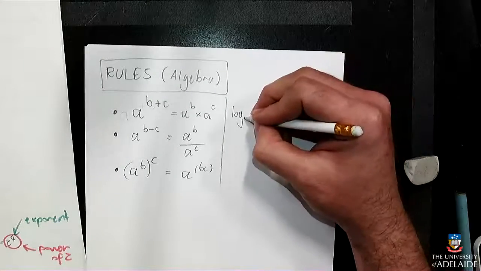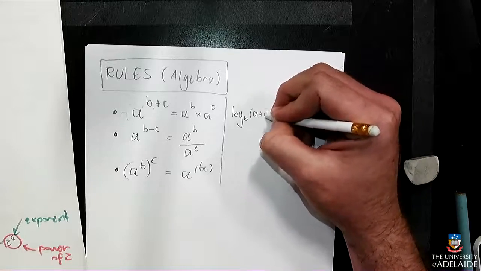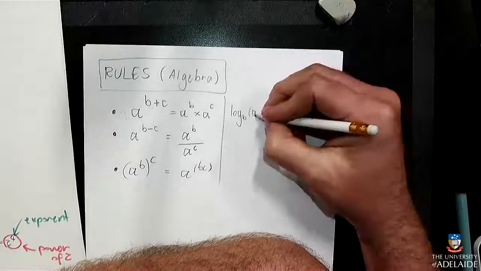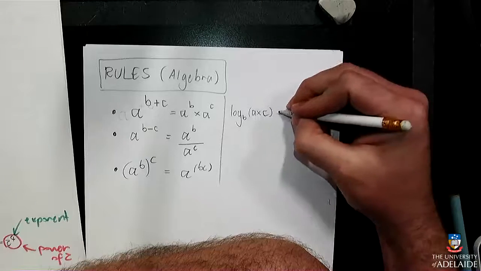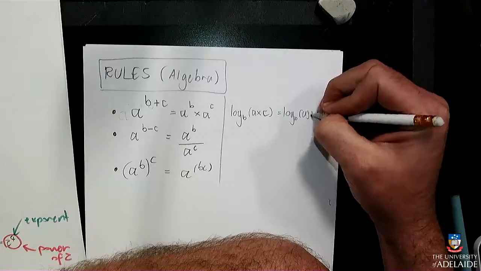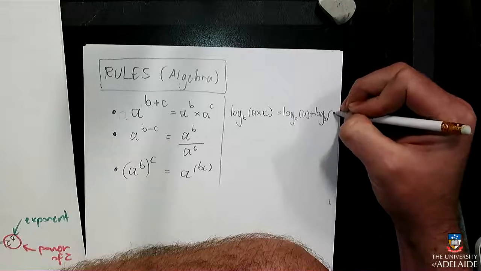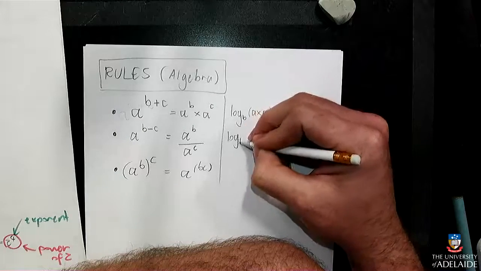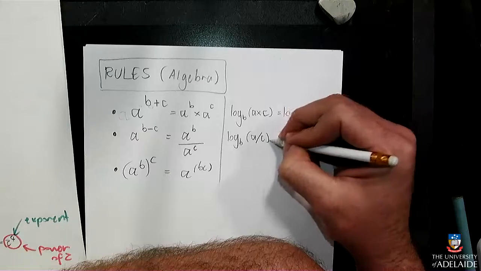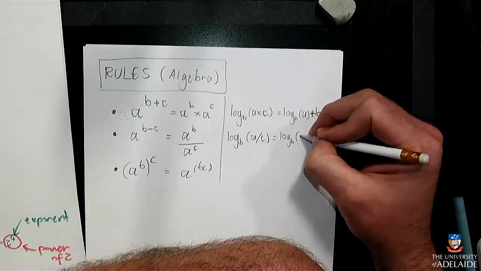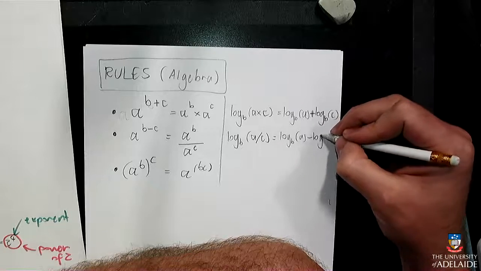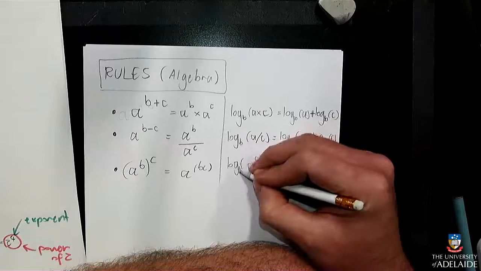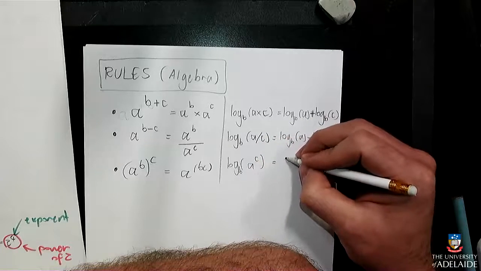So log base anything of a times c becomes addition, division becomes subtraction, and powers become multiplication.